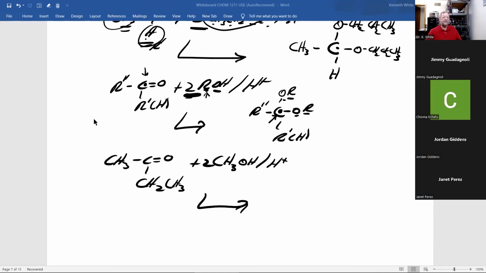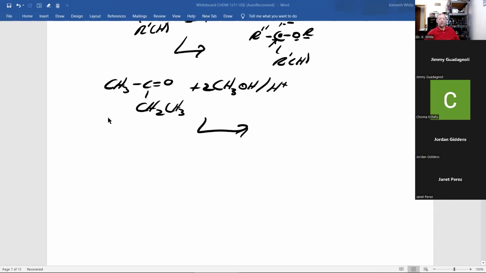My turn. What's the product or products from the following reaction? Well, we look at this and say, what's different? Ooh, oxygen double bond to carbon, carbonyl. It's got carbons here and here. I'll call that R prime. Could have been hydrogen, but it's not. I got carbons here.